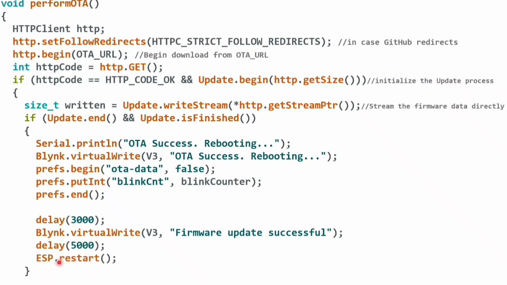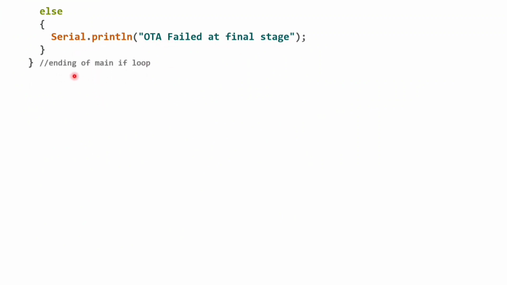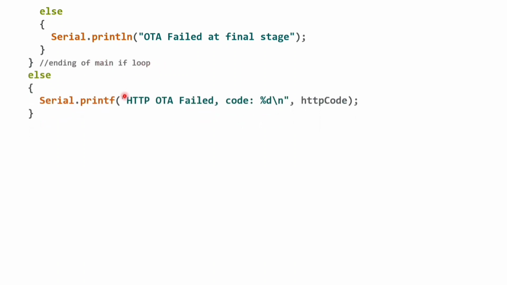Delay of 5 seconds. And finally, we are going to restart the ESP32. Else, it will print "OTA failed" at the final stage. Finally, that is the ending of the main if block. Now, if that fails, it will print "HTTP OTA failed" and return the HTTP code, like 302 or 202, like that.